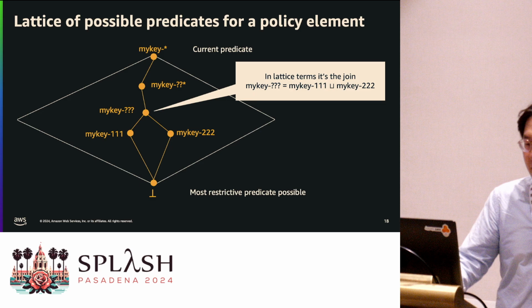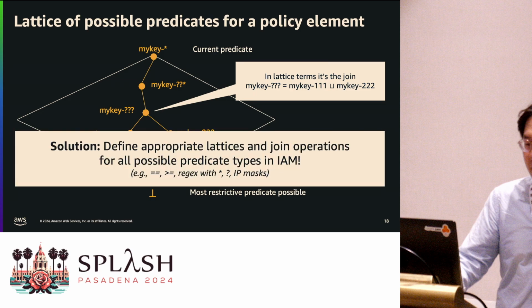So our solution is that we define an appropriate lattice with a join operation for all possible element predicates in the IAM policy. For example, we provide the join operation for equal, not equal, numeric comparison, regex with wildcards, and IP masks.